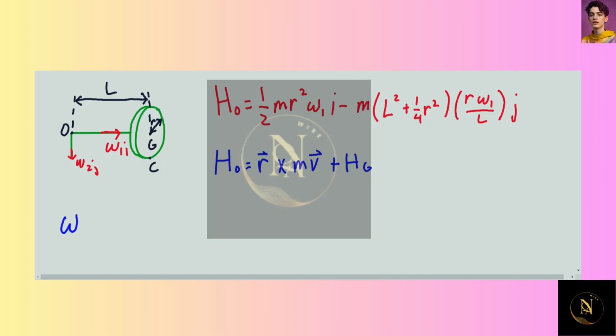So the total angular velocity, which I'll label as omega t, is going to be equal to the angular velocities in the counterclockwise direction, so omega 1 i, minus the angular velocity in the clockwise direction, so omega 2 j.